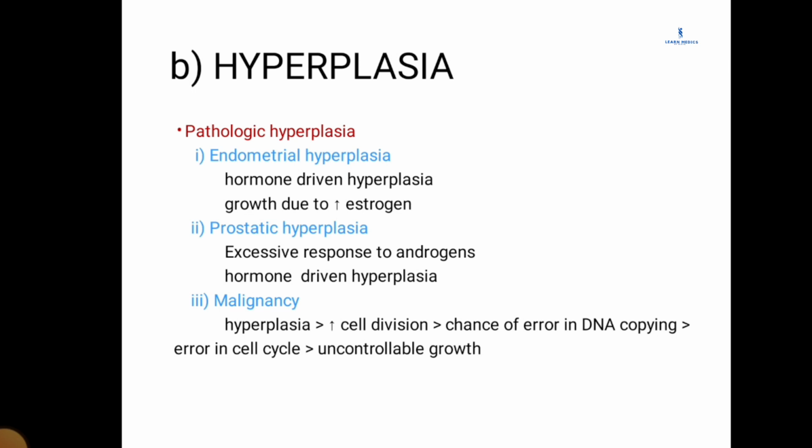That means malignancy. So due to the increased cell division, there may be a chance of errors in DNA copying, which lead to malignancy. These all are about pathological hyperplasia.